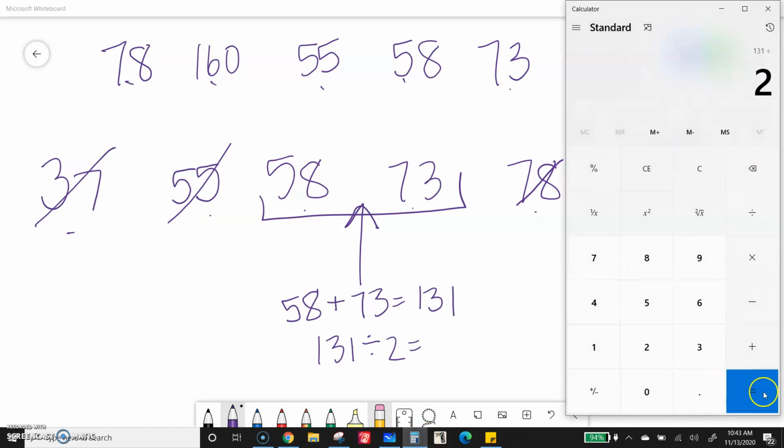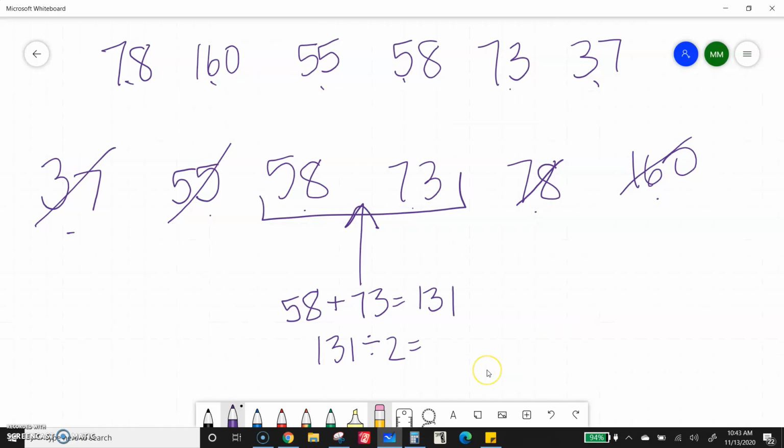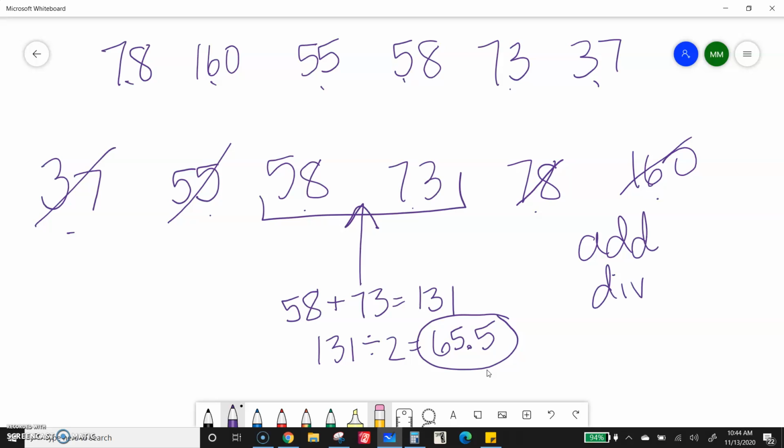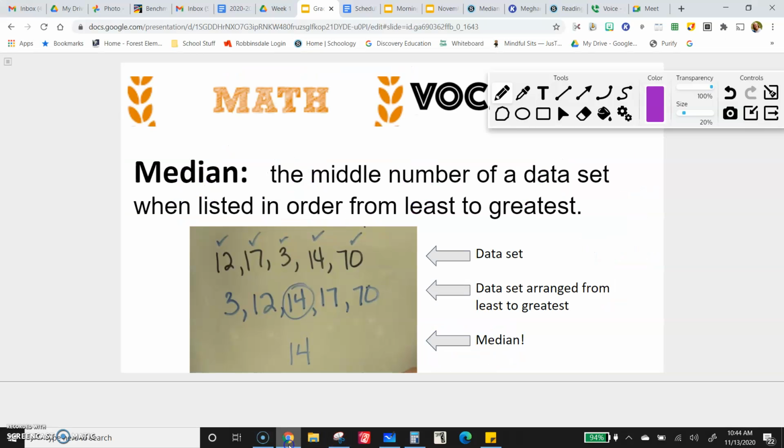No, you don't know what that is yet. All right, 65.5. So I'll either get a whole number or I'll get a 0.5 for my median. So if I just get 1 in the middle, it's fine. If I get 2 in the middle, I need to add them together and then divide by 2.